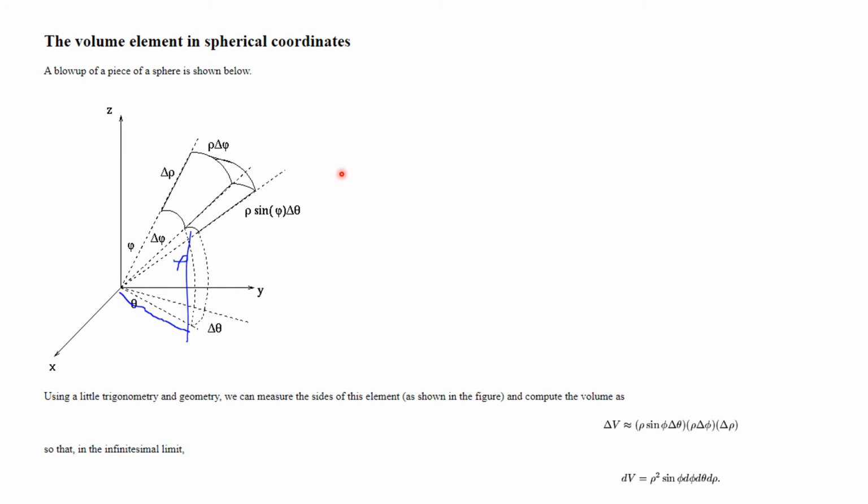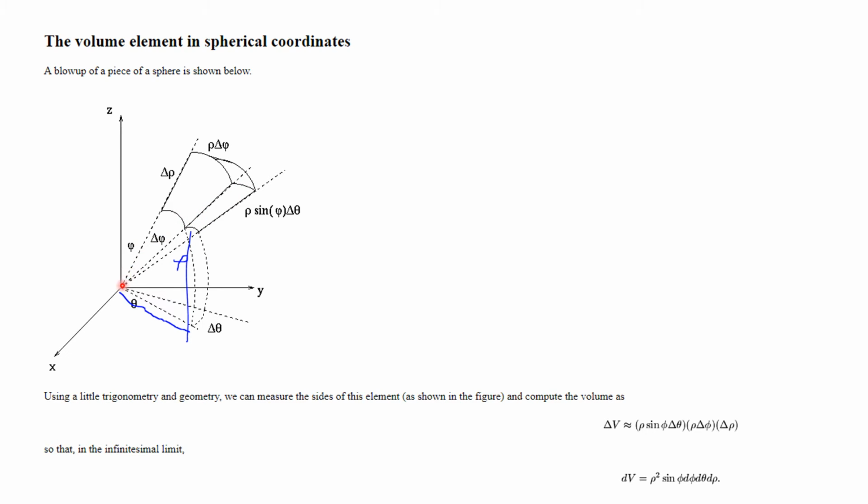Okay, so here we blow it up. What happens is you have a slice up here, and even though this is a spherical wedge, the volume is approximately length times width times height.